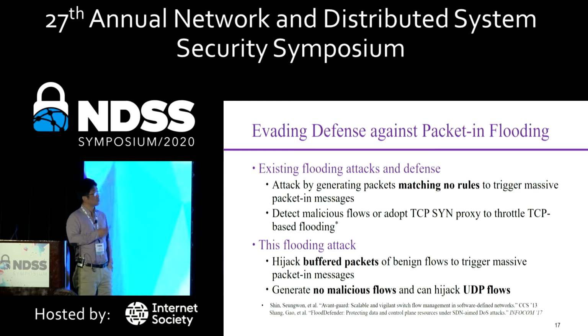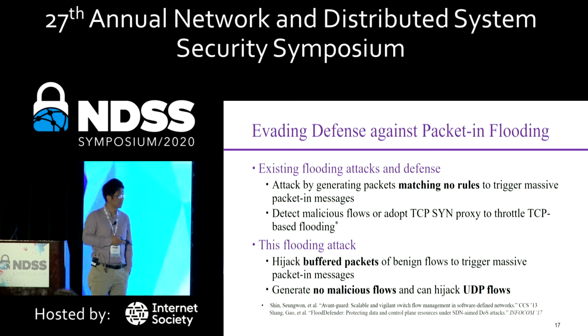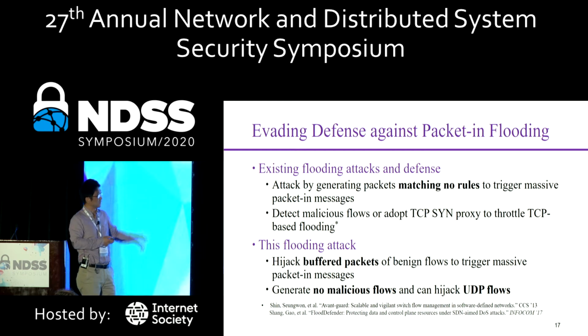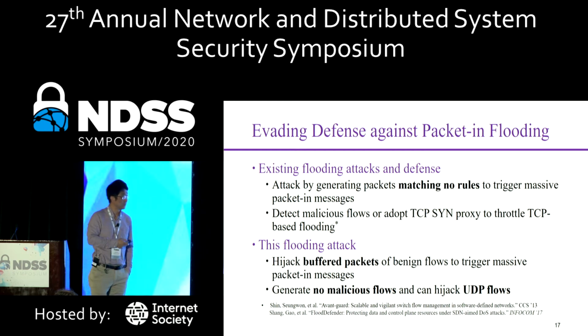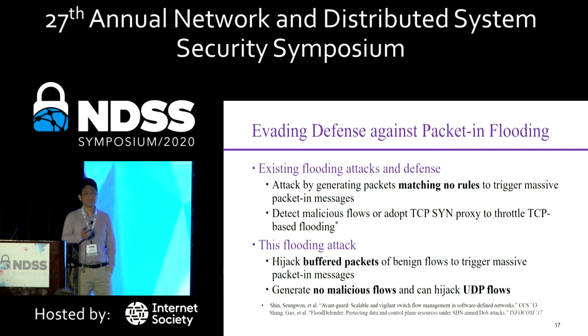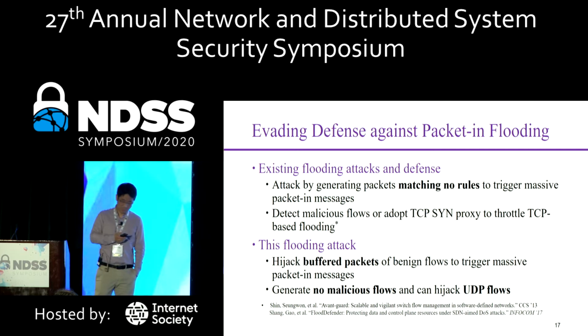Those attacks can be detected or prevented by analyzing the malicious flows or adopting a TCP SYN proxy to threshold the number of TCP flooding. For our work, we hijack the buffered packet. Since it generates no malicious flows, it can escape all existing defense.